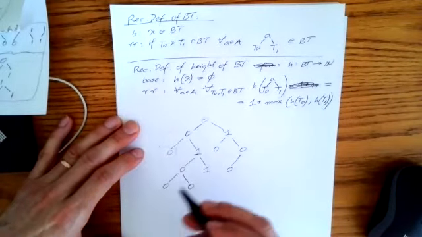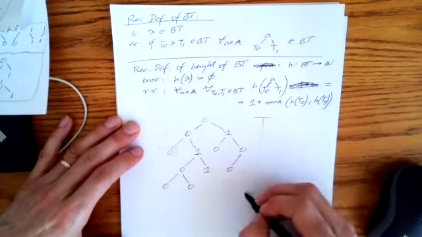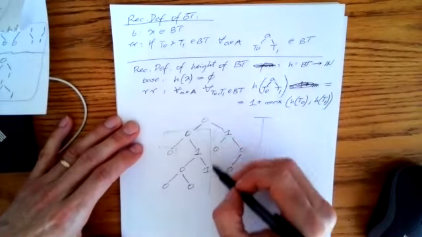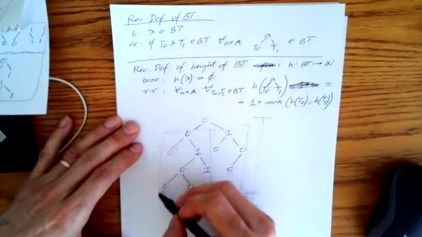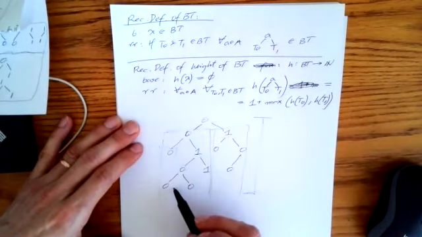And so the height of this tree is 1 plus the higher of these two trees. I know by looking at it that this one is higher.